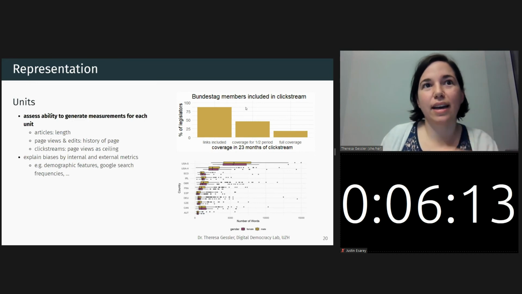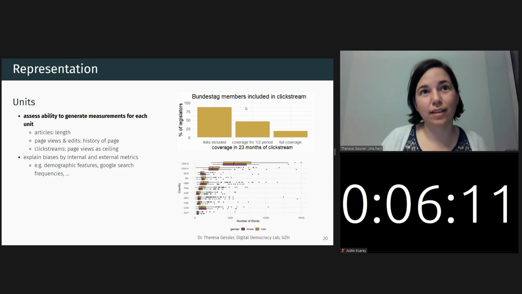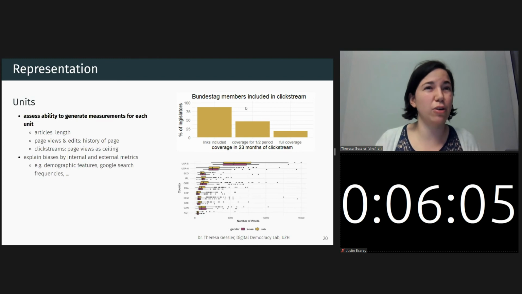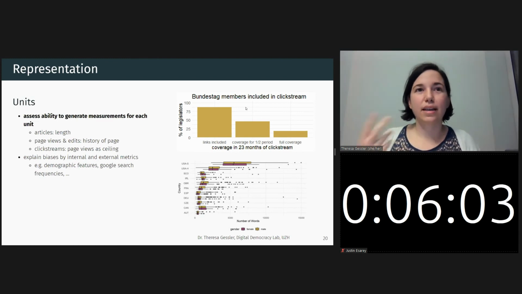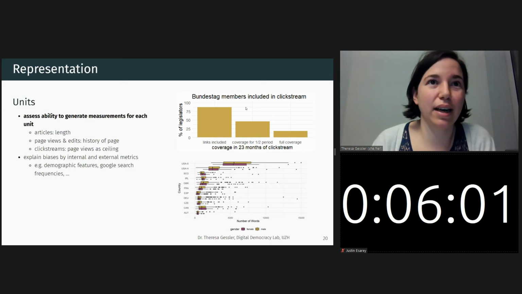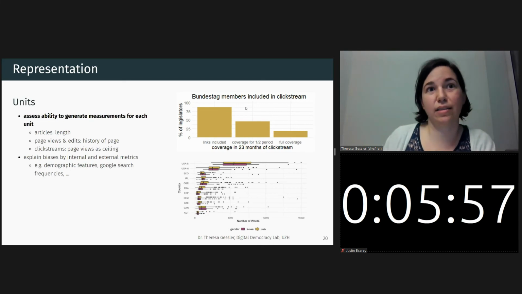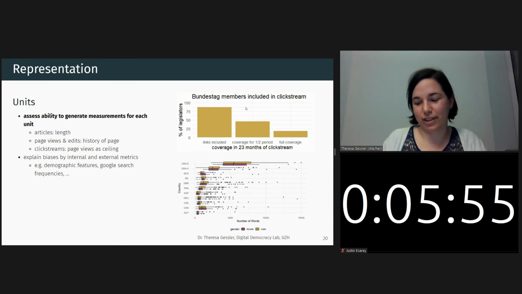So basically addressing these biases and also trying to explain them by internal and external metrics, such as how often do people actually look these people up, is a crucial step in us discussing how much we can even generalize to a set such as all politicians.